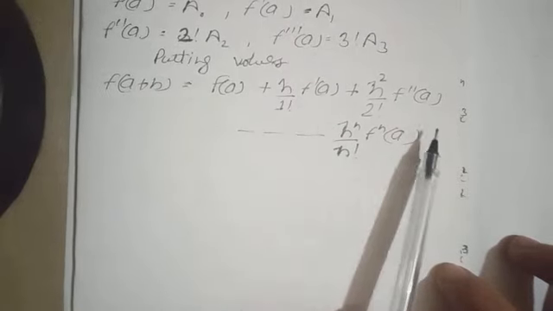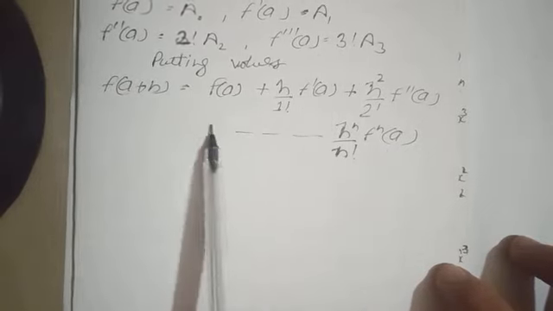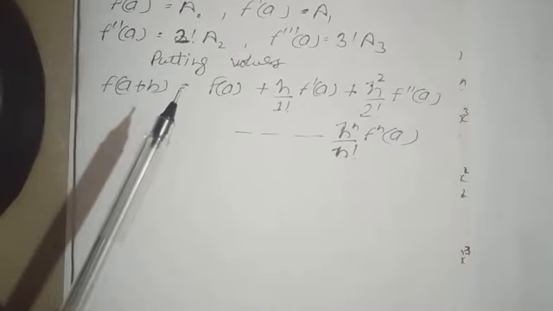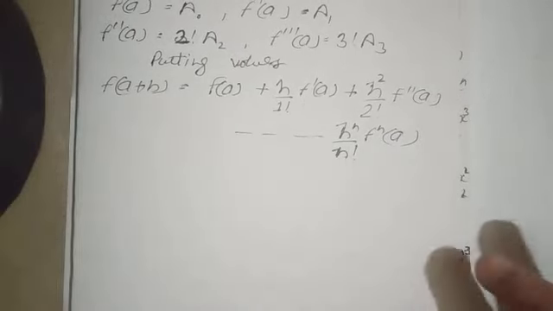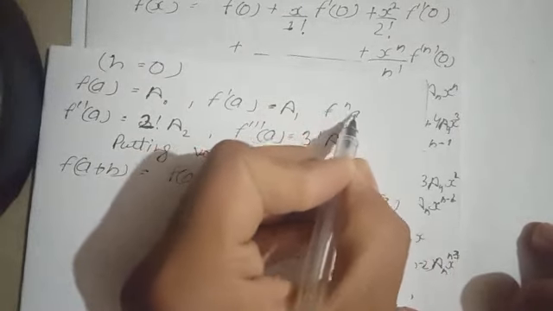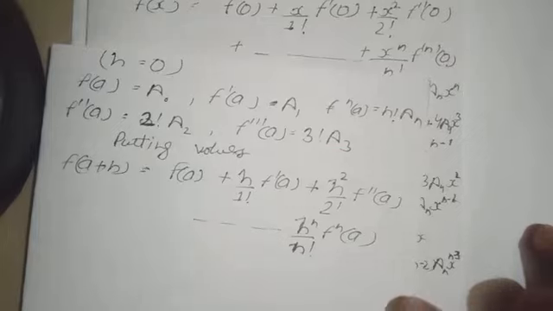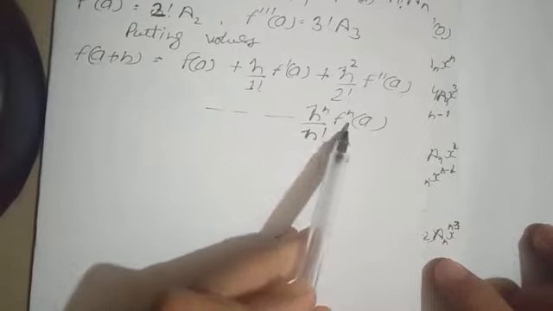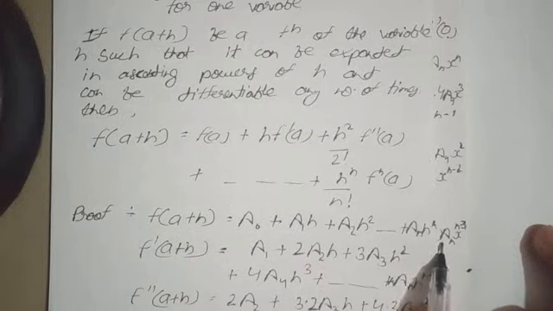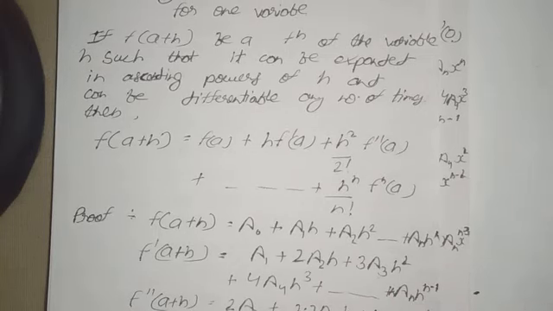So we put the value of a3 in the expansion, and similarly the value of a_n is f^n(a) by n factorial. So from this statement we prove this. I hope you understand Taylor's and Maclaurin series.